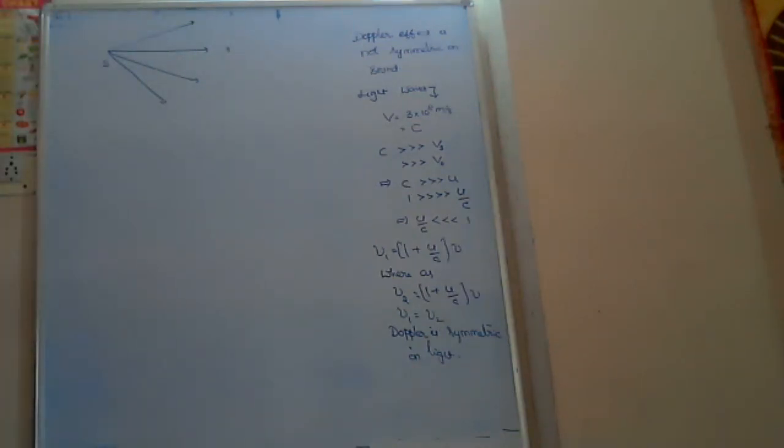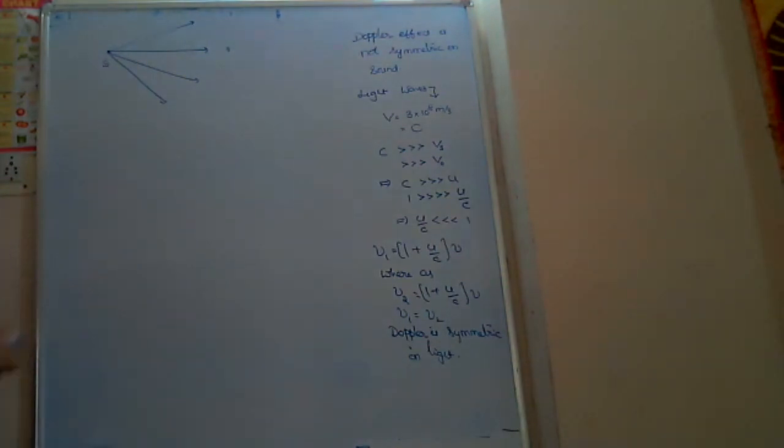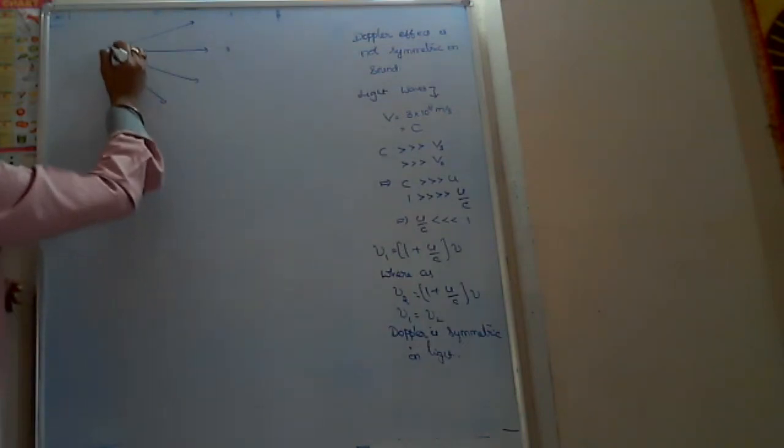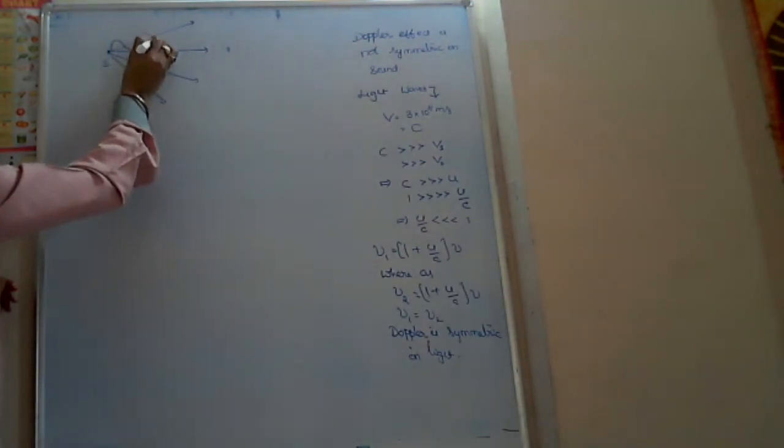While delivering the sound, if it is a point source, just like a point, not like a cube or an extended source, we can assume the waveform spreads like this.